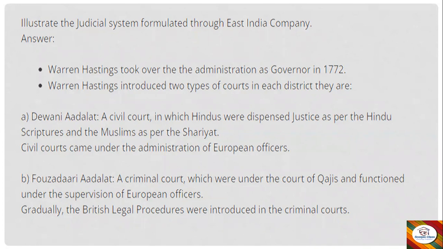Under Diwani Adalat, a civil court, Hindus were dispensed justice as per the Hindu scriptures and the Muslims as per the Sharia. Civil courts came under the administration of European officers. Under Faujdari Adalat, a criminal court, the courts of Qazis functioned under the supervision of European officers. Gradually, the British legal procedures were introduced in the criminal courts.